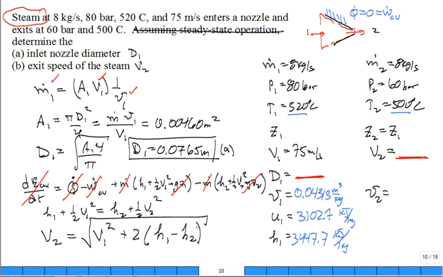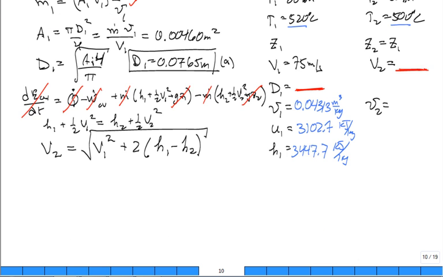All right. I have to scroll down a little bit. Yes, sir. Is that under the radical? D1 equals the square root of A1 times 4 over pi. Let me scoot down, and I'm going to try and substitute some numbers.